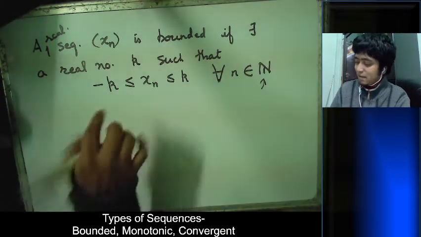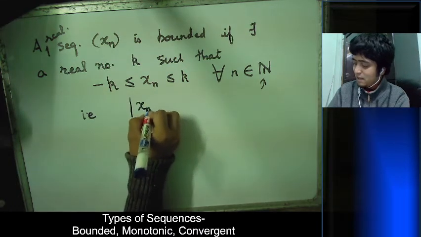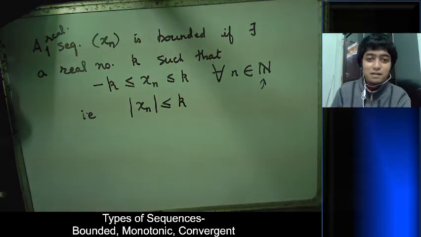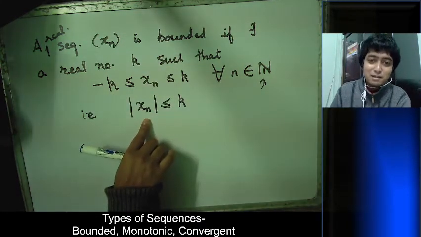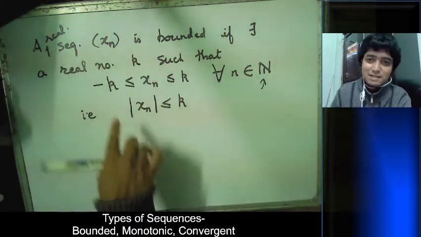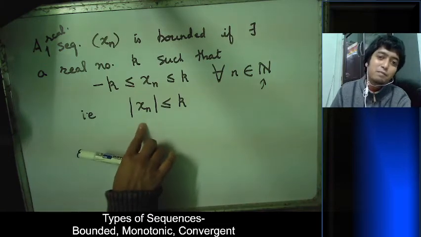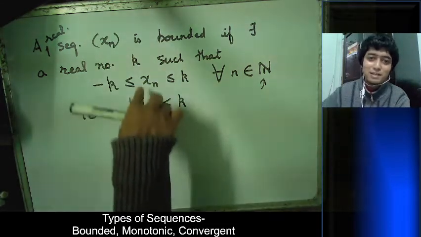In fact, this can be replaced by simply the modulus of xn less than or equal to k. So we can write it in this way, or we can write it using the modulus. It is the same thing. I prefer to write it in the form of modulus, and then if required, I will expand this inequality in this way.